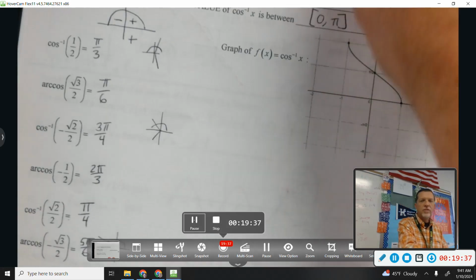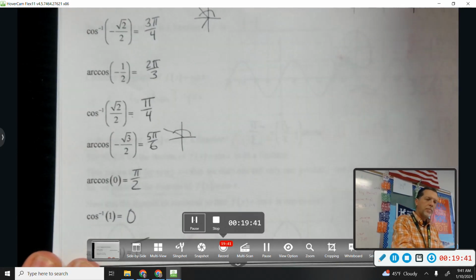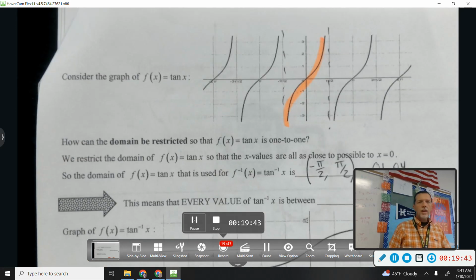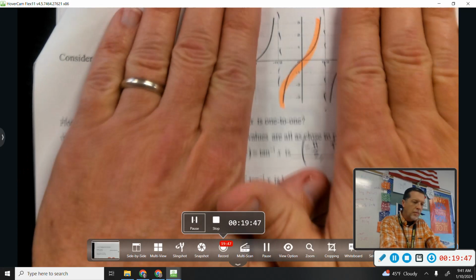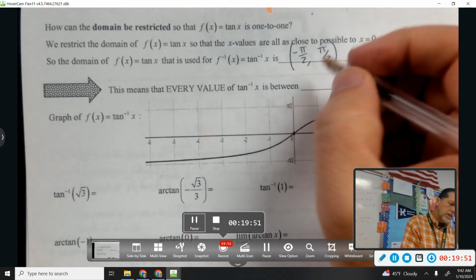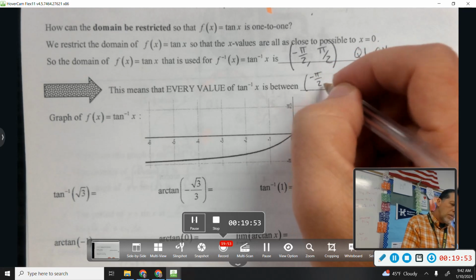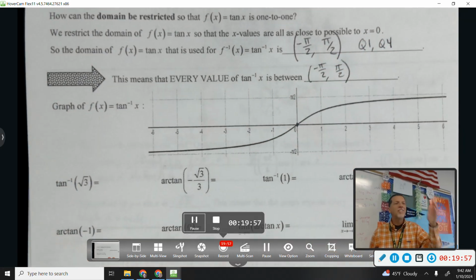So briefly show the answers to those last 6 that we did. And then to restrict the domain for tangent, you probably just want that middle one. Negative pi over 2 to pi over 2. Parentheses because of asymptotes, thank you.